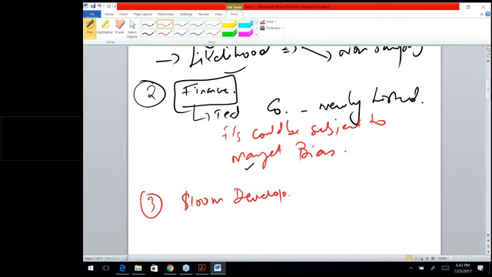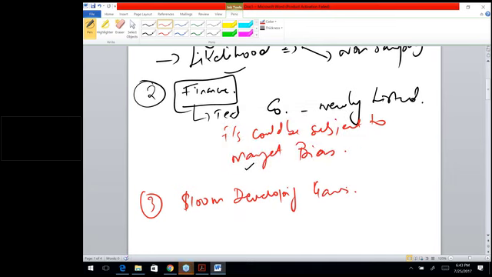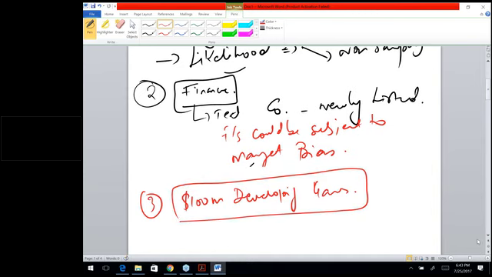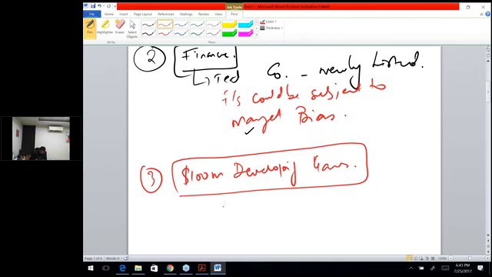So if it has invested $100 million in developing the games, then this would actually mean that the research and development costs have been incurred.